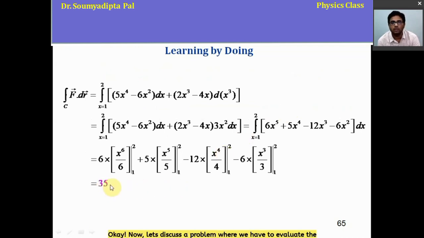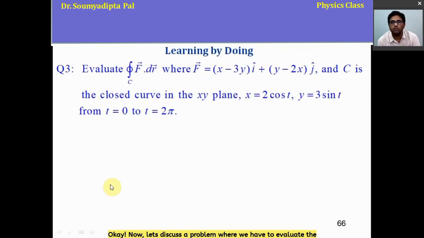Okay. Now let's discuss a problem where we have to evaluate the closed line integral of F dot dr, where F is of this form: (x minus 3y) i cap plus (y minus 2x) j cap, and the closed curve C is in the xy plane, and the parametric equations are like this: x equals 2 cos t and y equals 3 sin t, and t varies from 0 to 2 pi.